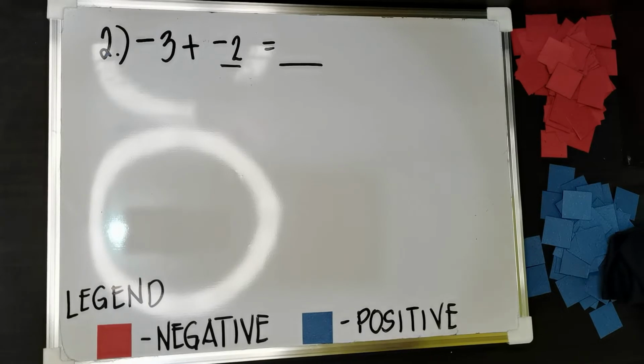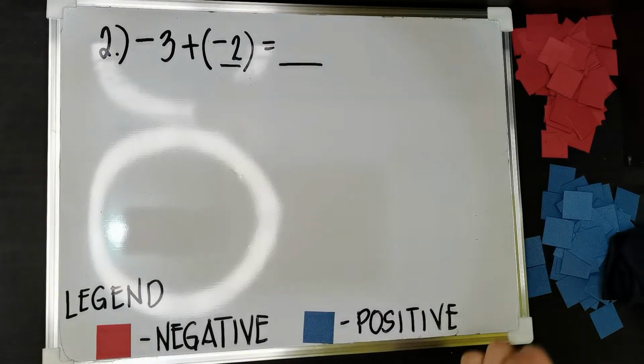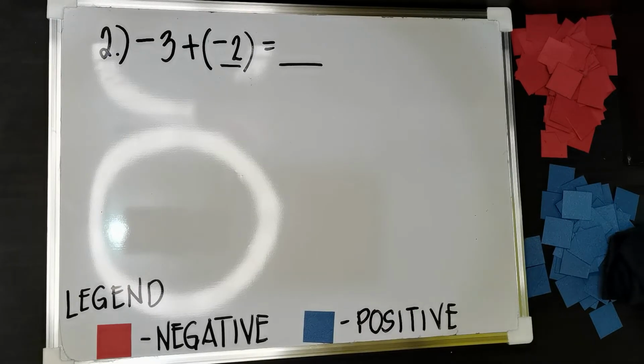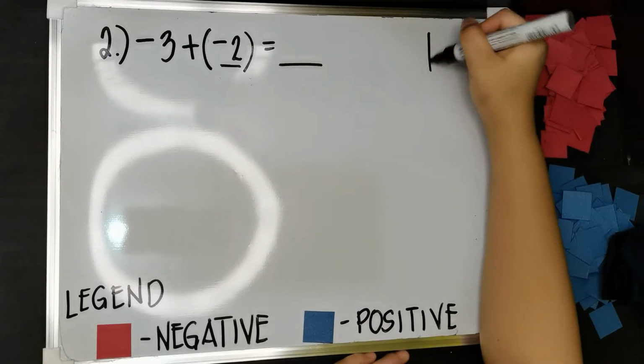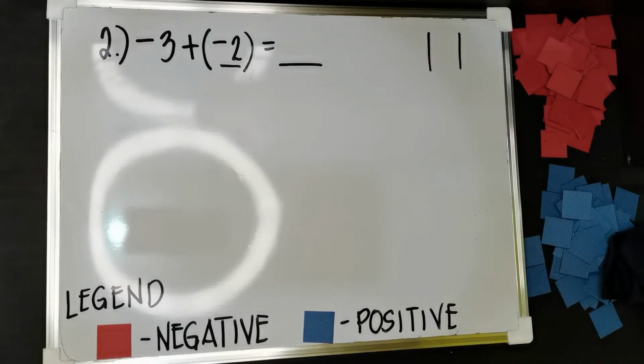Okay? So kumbaga, ginamit lang diyan ang parenthesis for us not to be confused. But take note, the use of this parenthesis is not the same as the symbol for absolute value. Okay? So, let us now answer.